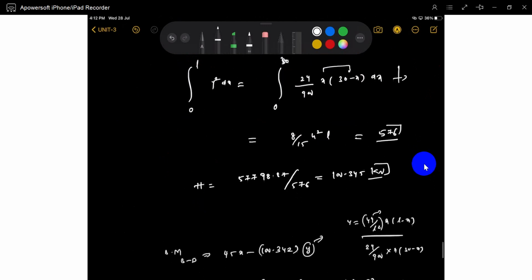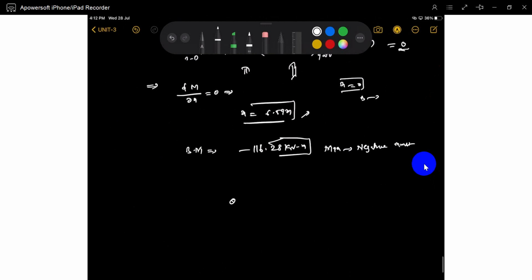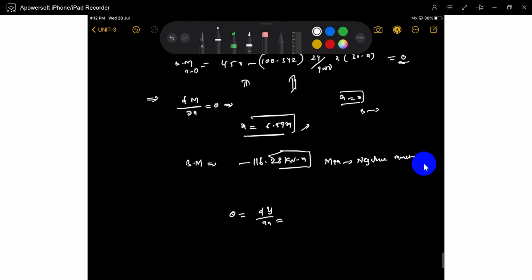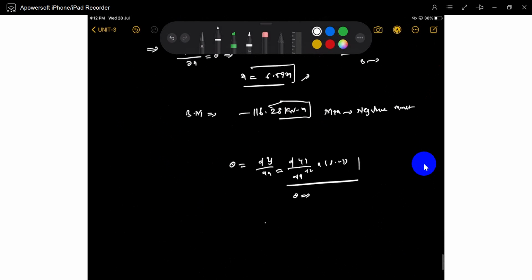How do you get theta? We already said theta is dy by dx. Y is 4h by L square x into L minus x. Just take dy by dx and you will get theta. Once you have theta, you will get N, the normal shear, and Q, the radial shear.